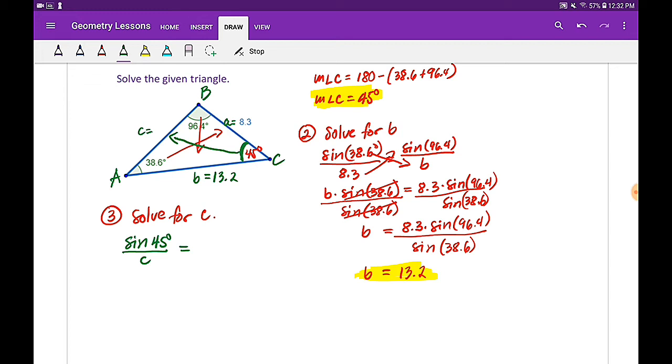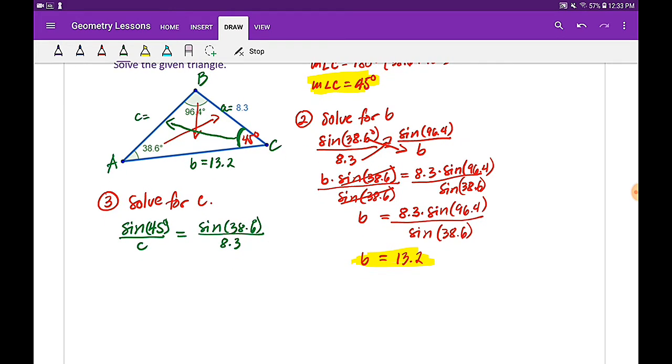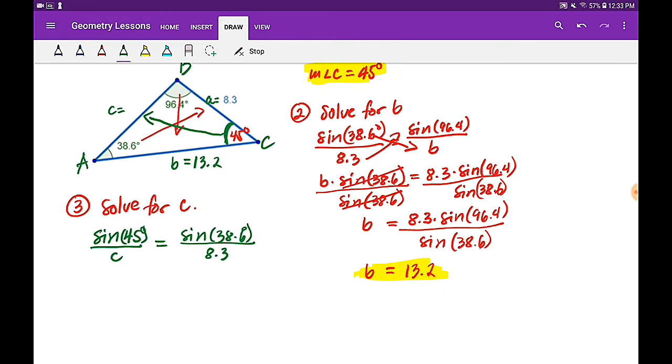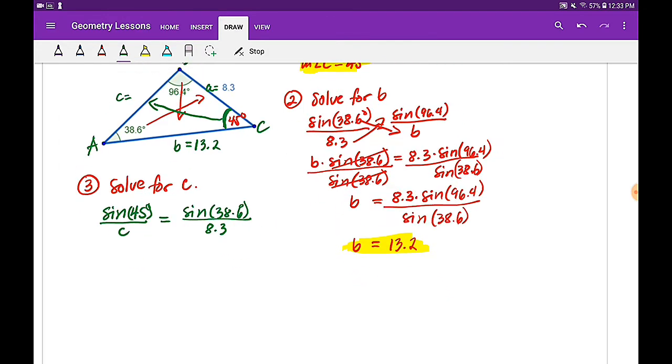Let's stick with angle A: sine 38.6 degrees over 8.3. Now let's solve this for C, and then we will use our calculator to find the final answer.